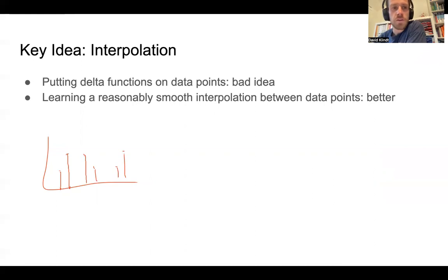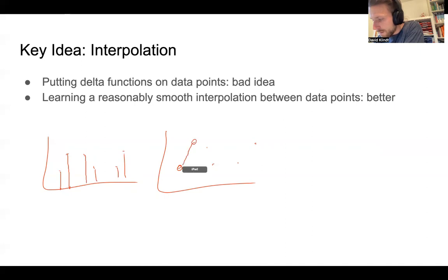Instead, if you learn to interpolate between your data points, like let's say, okay, same data points approximately. Here, I want to give at the first one approximately this value. Okay, and then I want some reasonably smooth interpolation between these.